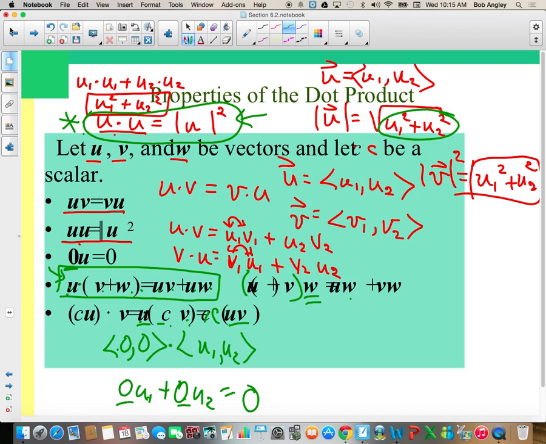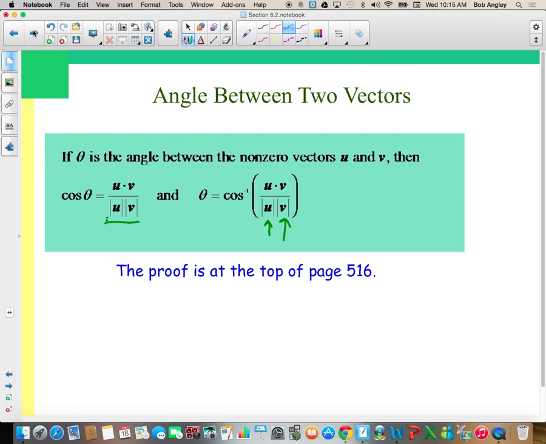Okay? All right. Now, this is a fairly widely used formula, and if you're really interested in what it says on page 516, you can look there and try to follow it. If you have trouble following it, you can come by someday, like during my planning period or after school, and I'll sit down with you. We can go through that. It's sort of complicated math to get it because we don't know a bunch about vectors.